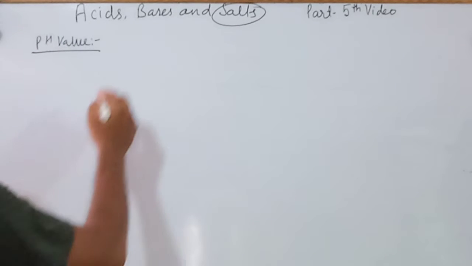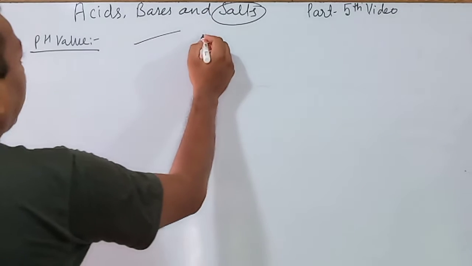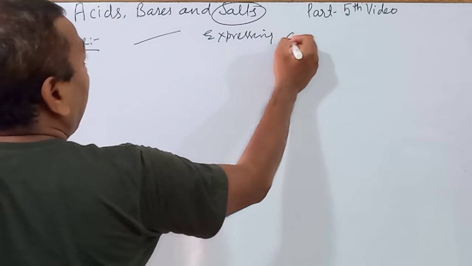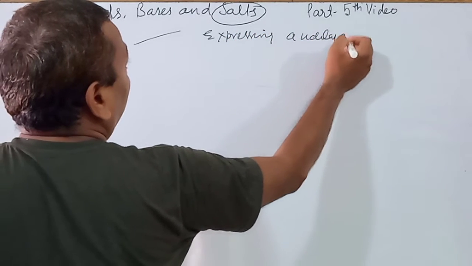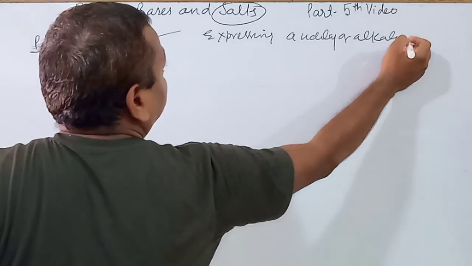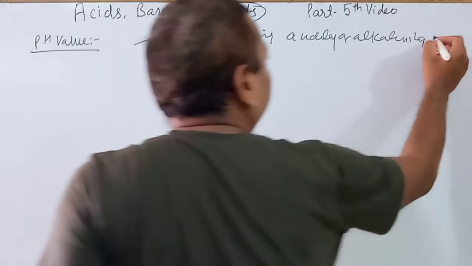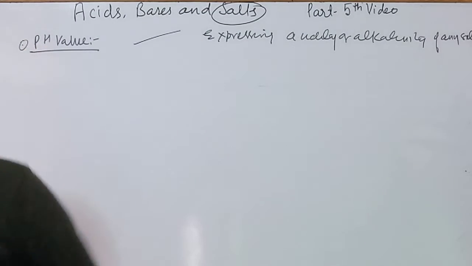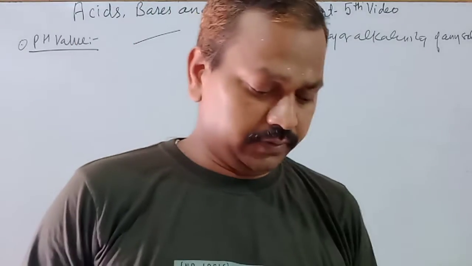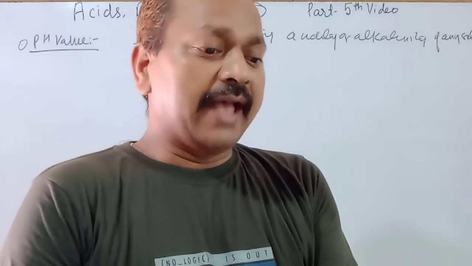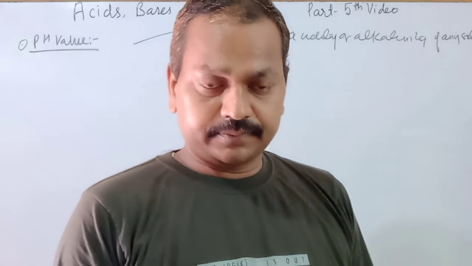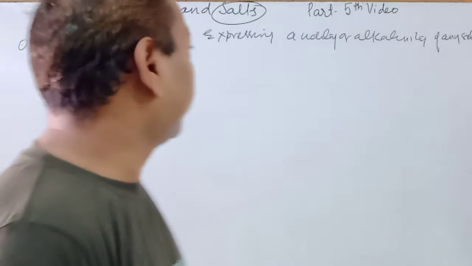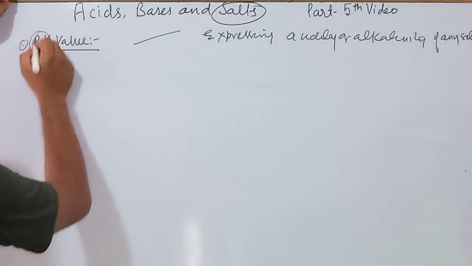The pH value helps us express the acidity or alkalinity of any solution. So the pH value helps us to know the acidic, basic or neutral nature of any solution. Clear? Now next, let's start with this word pH.